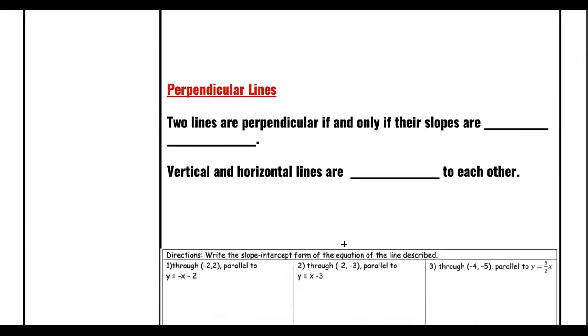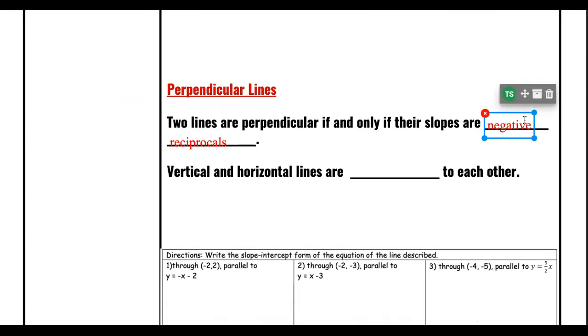Two lines are perpendicular if and only if their slopes are what we call negative reciprocals. What are negative reciprocals? I'm glad you asked. We're going to talk about that. So negative means they're basically opposite.